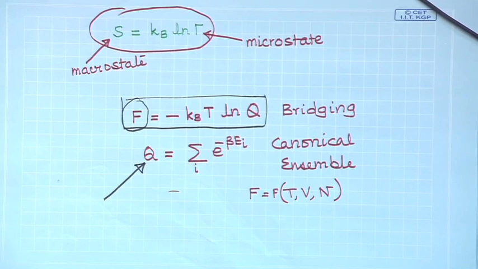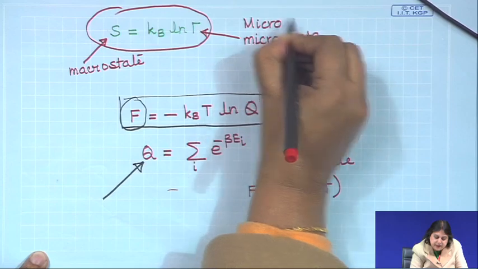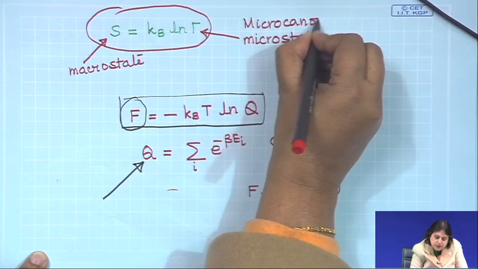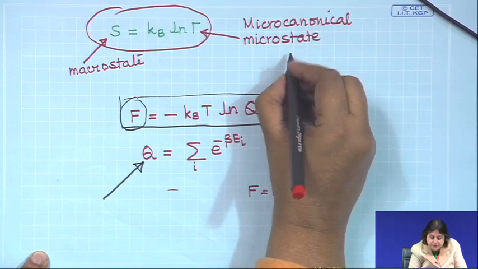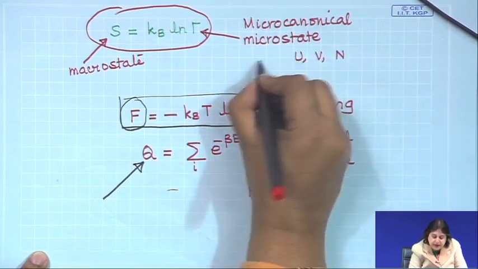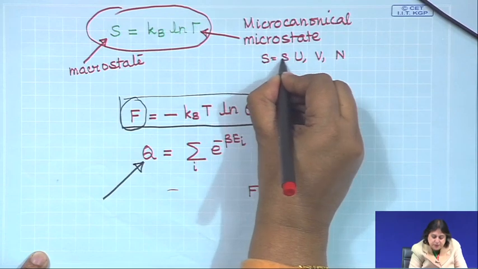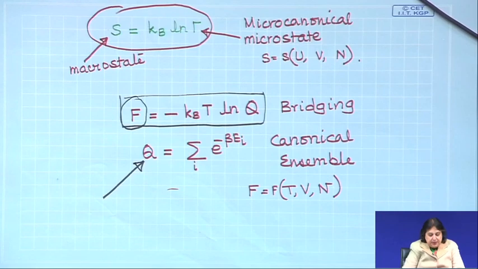On the other hand, when you had the microcanonical ensemble, there I know that I can describe the system in terms of U, V, N, these three parameters, and the entropy can be described as a function of these natural variables.